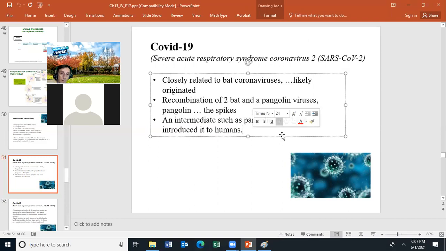They're not sure, but they think that this happened in China, and the Chinese like to eat a lot of exotic animals, including pangolins. And in the Chinese market, what is that, Wuhan? They had pangolins in the Chinese market.